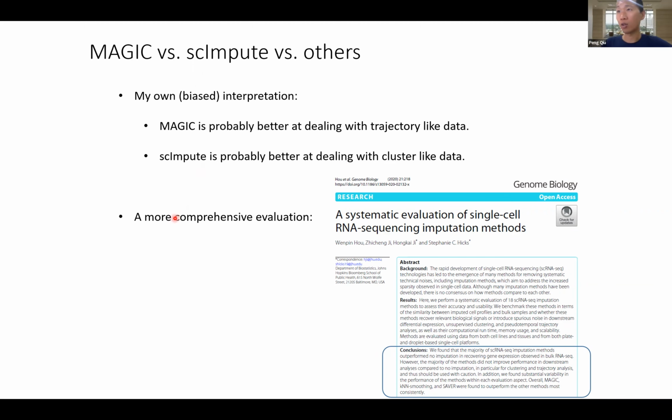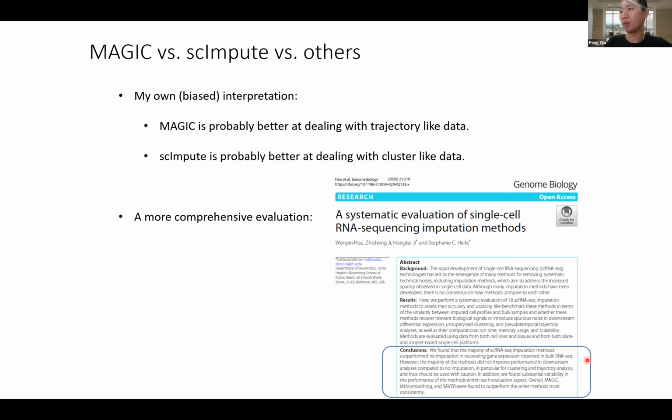And I also mentioned this earlier, there has been a benchmarking paper comparing existing imputation algorithms, coming out of a Johns Hopkins group. Their conclusion was that imputation is good in terms of its ability to recover single cell expression values that would align better with bulk RNA-seq data, and also better recover correlation among genes.